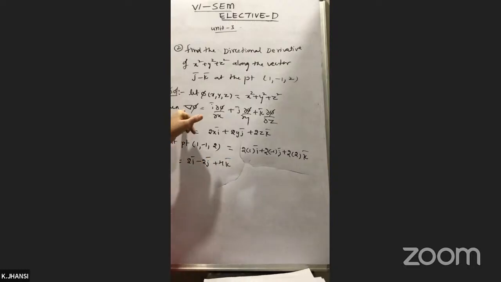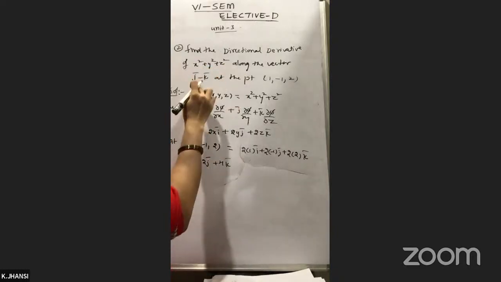This is the value of del phi at the point (1, -1, 2). Now there is also the given vector, along which we need the unit vector.